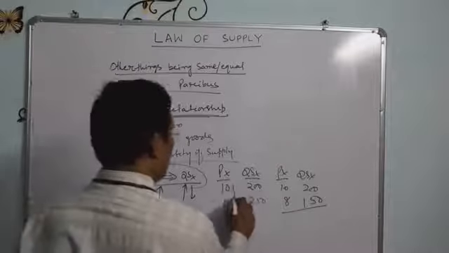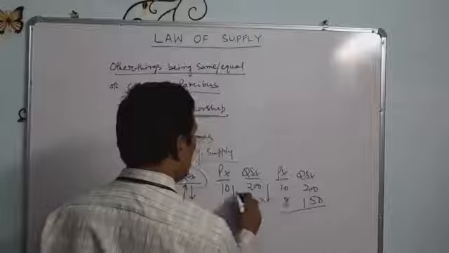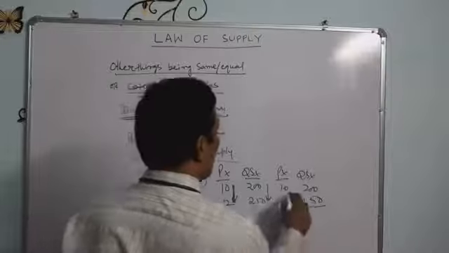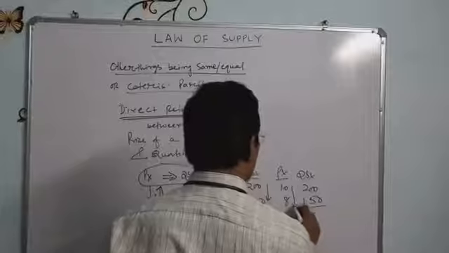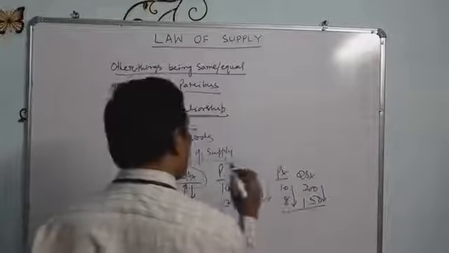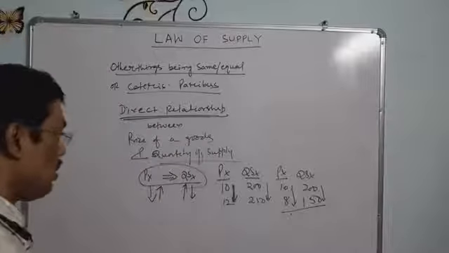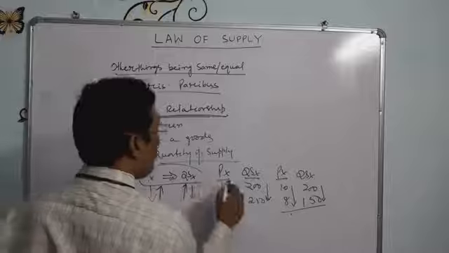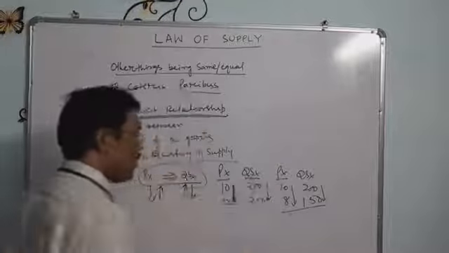Price increases, quantity supplied increases. Both are moving in the same direction, that is the direct relation. Price decreases, supply also decreases. Both are moving in the same direction. So that is called the direct relationship between price of the goods and quantity of supply of the goods.